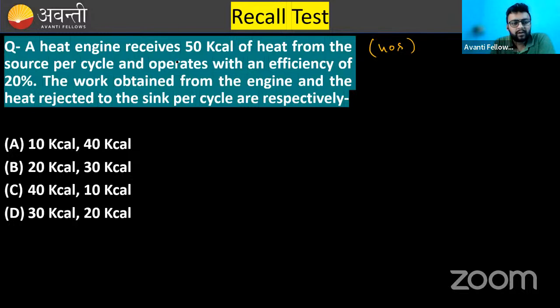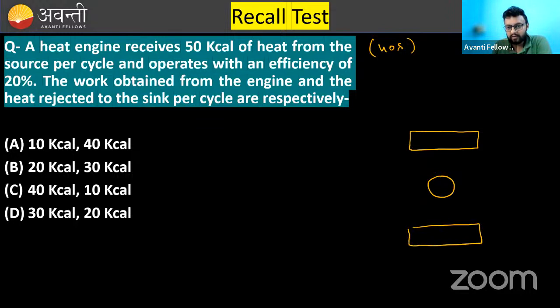The question says, a heat engine receives 50 kilocalorie of heat from the source. If you remember the design of the heat engine, there is a source and there is a sink. That's how we represented the heat engine.